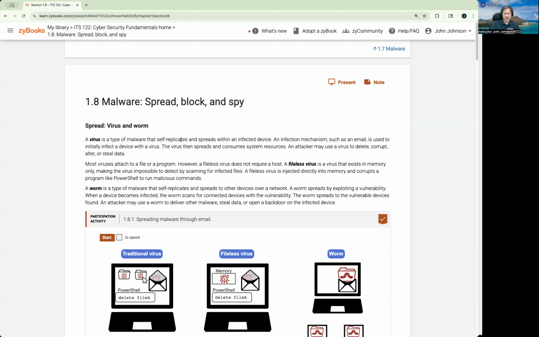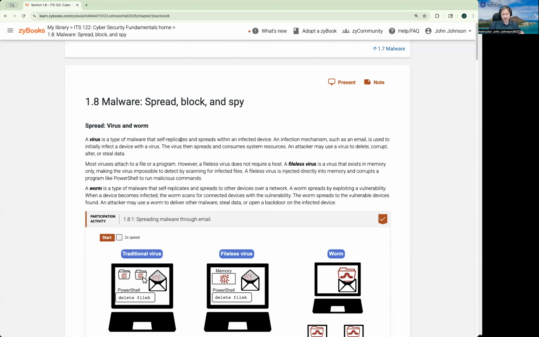So the attacker that's using this, they may want to delete, corrupt, alter, or steal data. Back in the old days, way back in the 90s, my recollection of it was that it wasn't doing anything malicious. It was just trying to spread itself. So we would have all these infections across thousands of files, and at the end of the night, we just have to sit there and repair and delete and get rid of them.